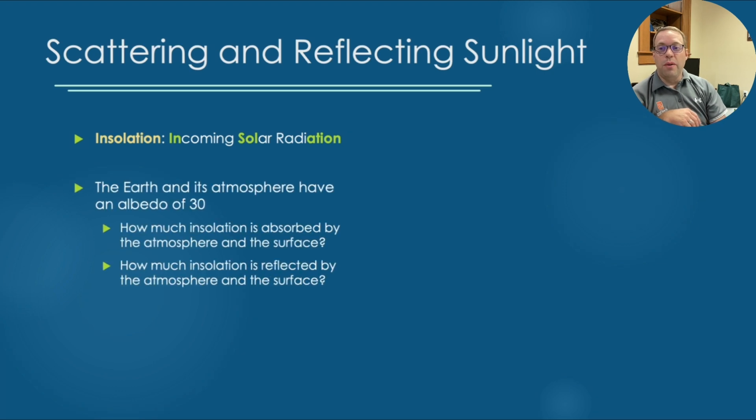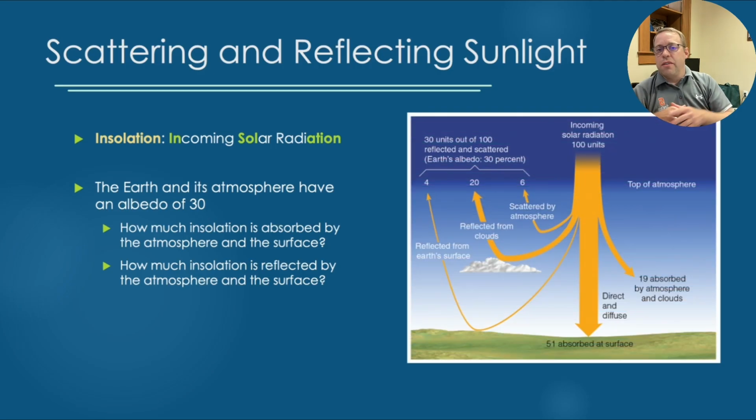So when we say that the Earth has an albedo of 30, that means 70% of the insolation coming into the atmosphere is absorbed, and 30% of the insolation is being reflected back out into space.